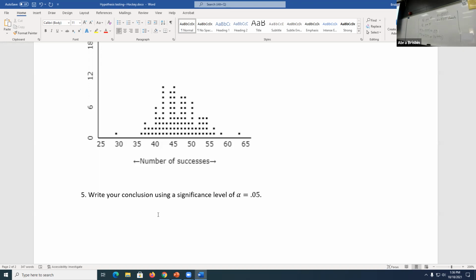Yeah. Good. So if the question asked you in the context of the problem, I think, to sort of summarize that, I'd say there is convincing evidence that players are not equally likely to be born.